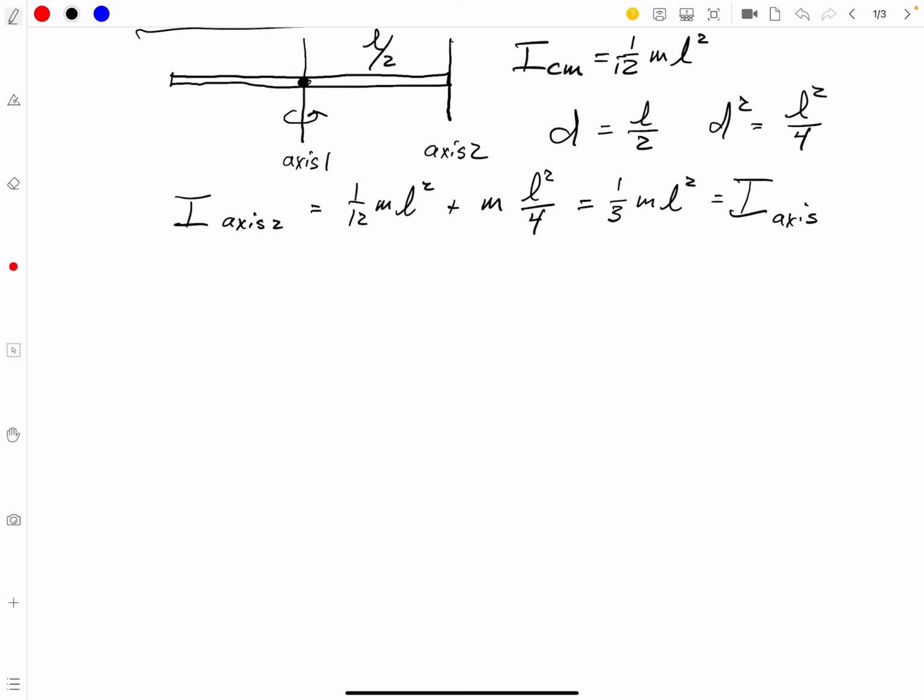And the moments of inertia is what I really want to say. The moments of inertia are all found in the book. You'll notice that for a thin rod at this axis here, this is what you get. So the parallel axis theorem works, and you'll want to know how to do it.